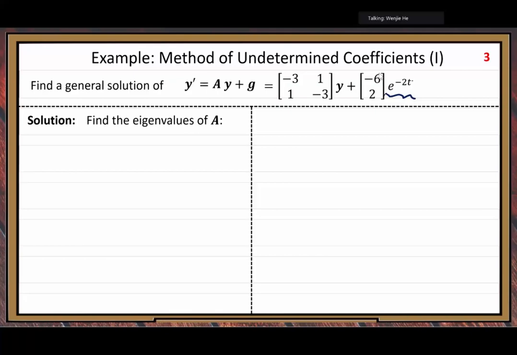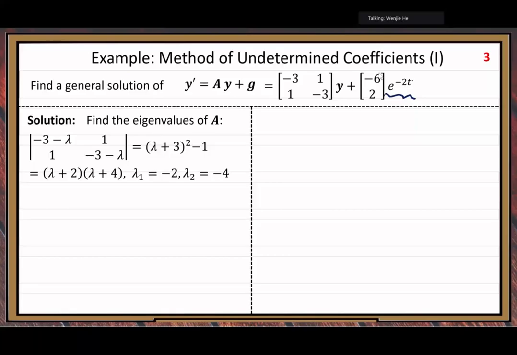So we need to find the eigenvalues of the A matrix. That's pretty easy. We get a characteristic equation, and we can find two eigenvalues. Yeah, these two eigenvalues. Then we need to find eigenvectors. So let's use the first eigenvalue and plug it into this matrix.